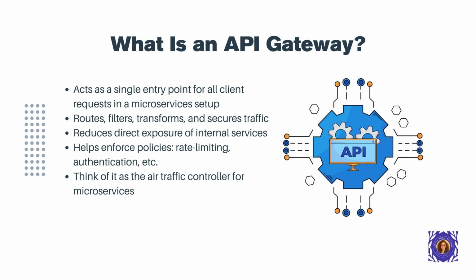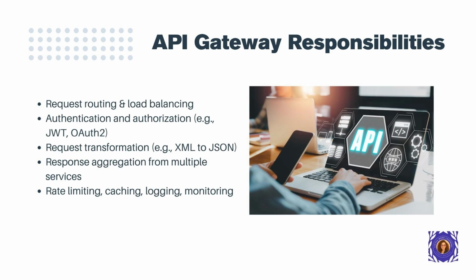You can envision it as the sophisticated air traffic controller for your microservices, managing and directing every inbound and outbound flow. The API gateway takes on a multitude of crucial responsibilities, centralizing concerns that would otherwise need to be implemented within each individual microservice.